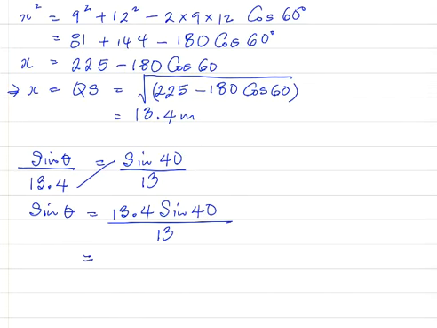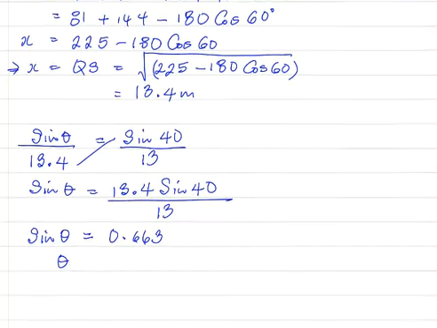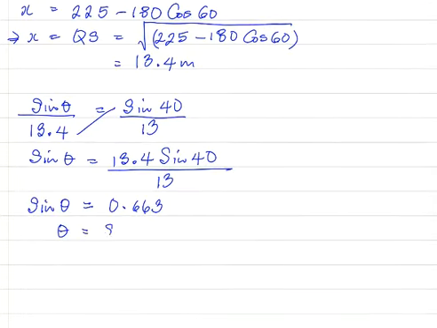So this is 0.663, to 3 decimal places. And if I know the sine of an angle, to find the angle, I must use sine inverse. So theta would be equal to sine inverse 0.663.